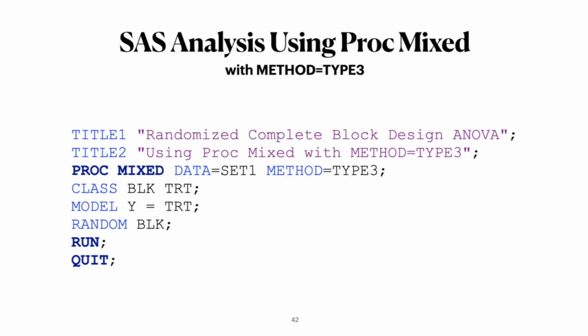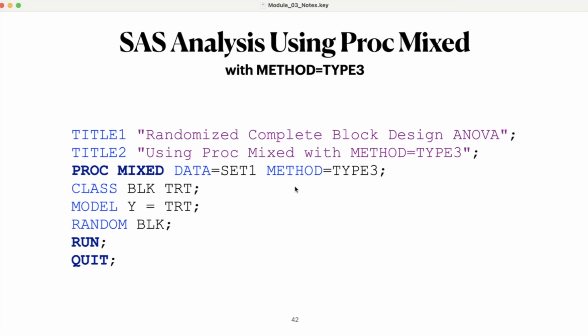But in order to fit a randomized complete block model, we have to use a procedure that can fit random effects, and there are at least 2 procedures in SAS that will do that. One is proc mixed, as we're seeing here, and the other would be proc glimmix. Now, one thing that I'm doing when I invoke proc mixed, I'm telling it which method to use, and it has several methods.